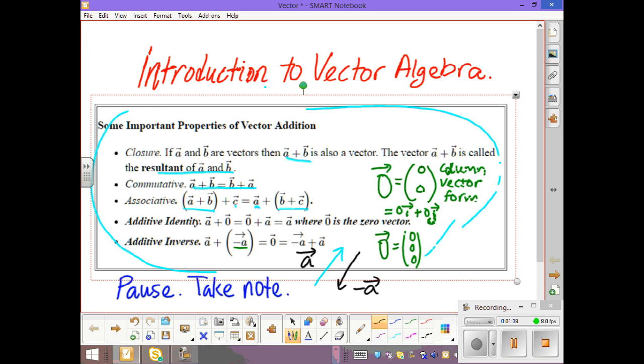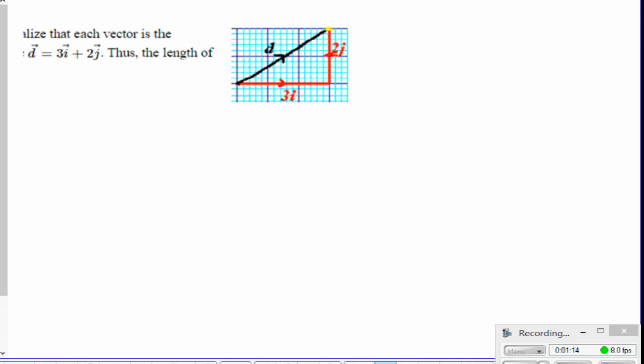When you are writing this on paper, just make sure that you write your vector with an arrow on top. A vector can be represented using a diagram like this, and you can think of it from here going to the end here.